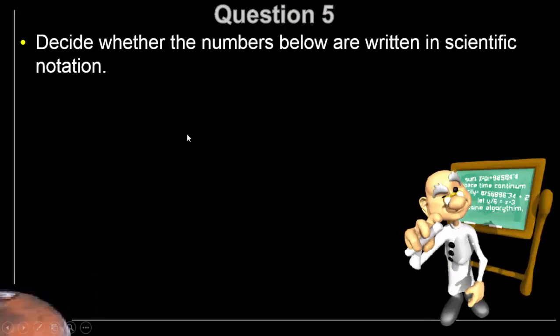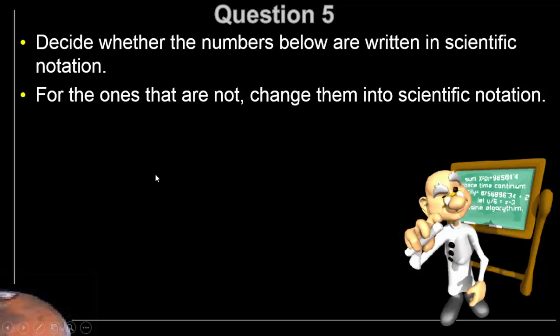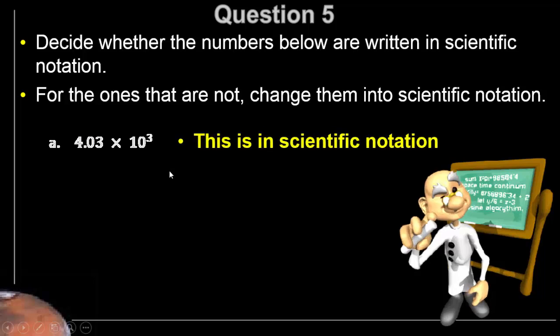In question number 5, we're going to decide whether the number below is written in scientific notation or not. For the ones that are not, we're going to change them into scientific notation. So here we have 4.03 times 10 to the 3rd, and yes, this is scientific notation.